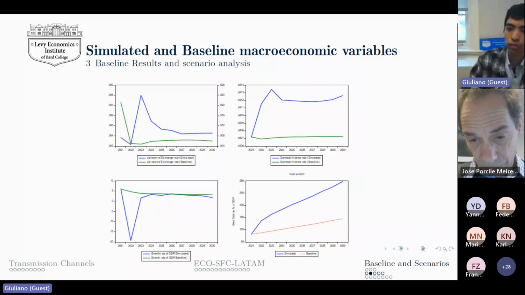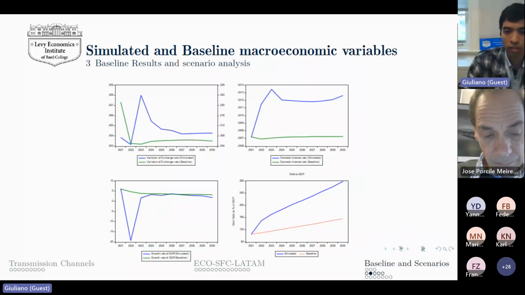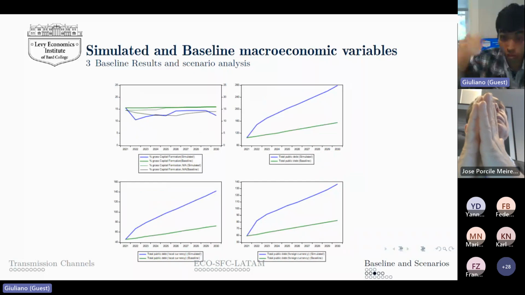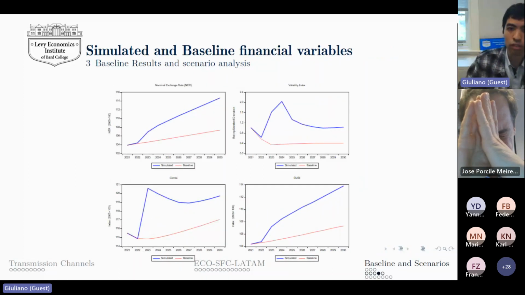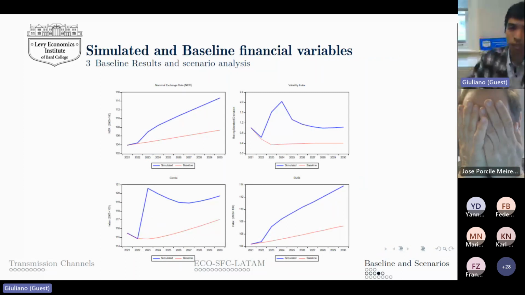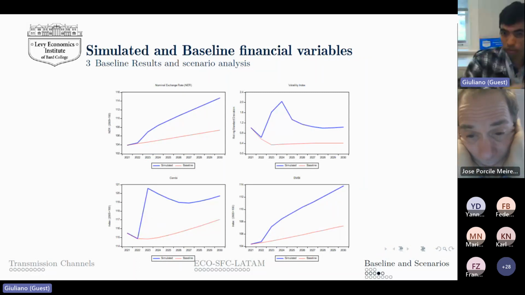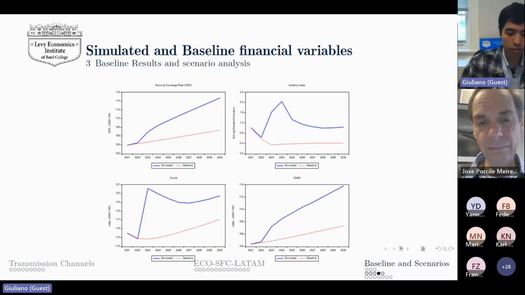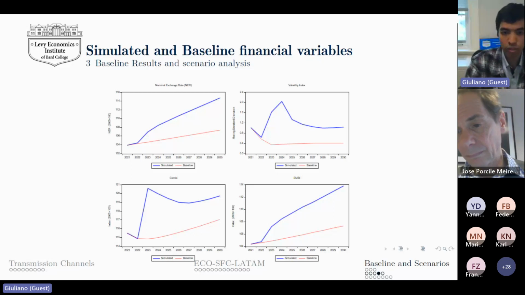And also an increase of the premium, and thereby an increase in the domestic interest rate, driven mostly by the increase of the nominal exchange rate, the volatility index, and the corporate and the sovereign risk premium.